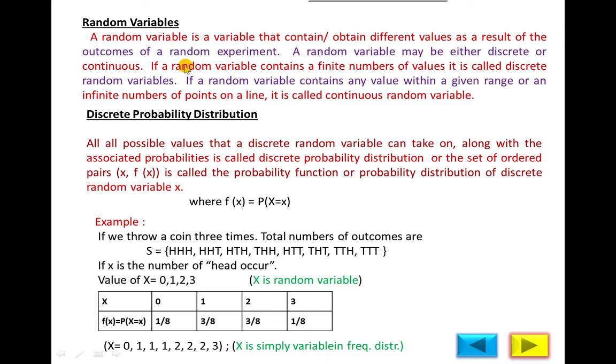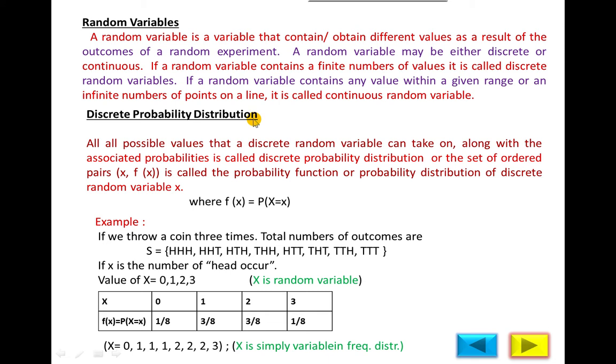But what is a random variable? Random variable is used in probability distributions. Probability distribution may be discrete or continuous, but according to your syllabus we will study only discrete probability distribution. Variable, only variable, not random variable, is used in frequency distribution, and random variable is used in probability distribution.